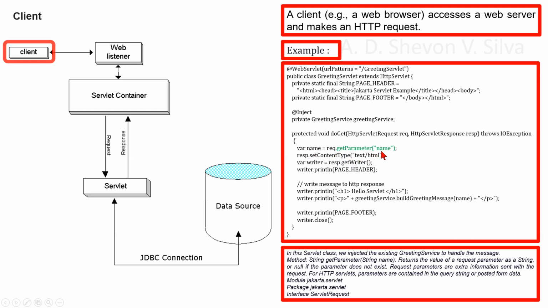Request parameters are extra information sent with the request. For HTTP servlets, parameters are contained in the query string or posted from form data.